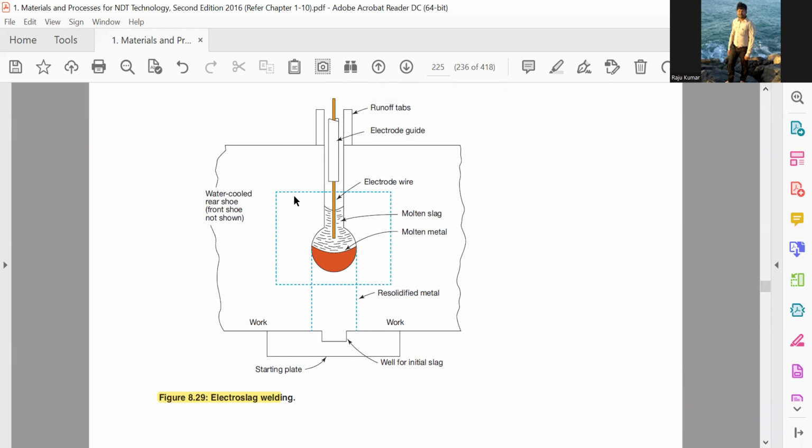Run-up tabs. You have a water-cooled rear shoe and front shoe, so both sides have water-cooled shoes to cool this big welding pool.